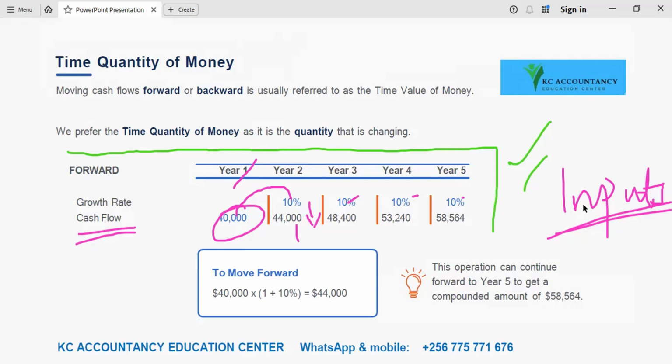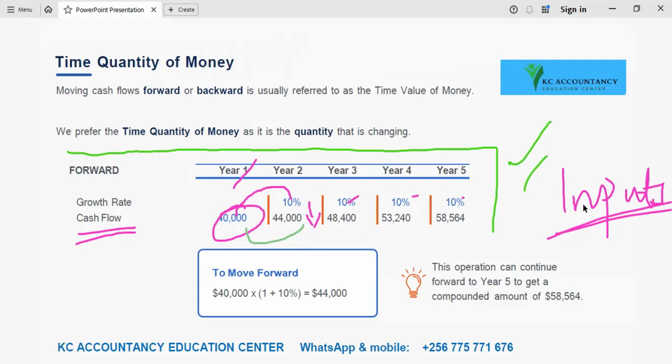In other words, those numbers are formula driven, and that is the company's cash flow quantity for year 2. From this blue input, we are now increasing from $40,000 to 44,000 US dollars.